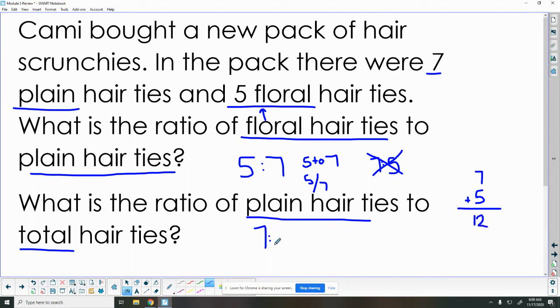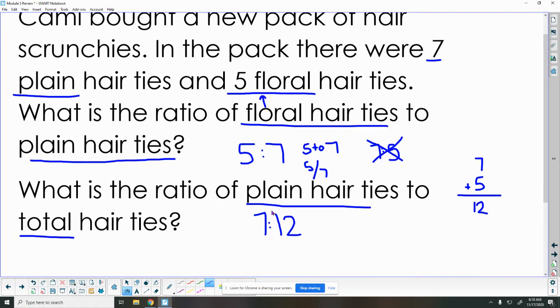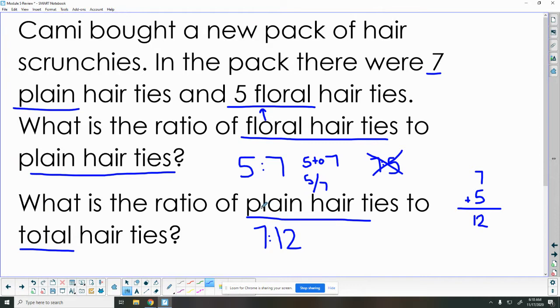That makes 12. So my total is 12, 7 to 12. So I could also write it with the word to or as a fraction, and those all mean the same thing. So be sure to pay attention to what the question is asking. What does it say first compared to what is second, and put them in that order.